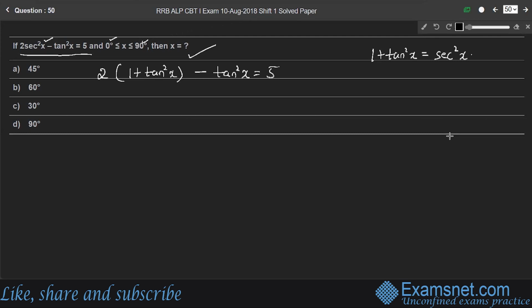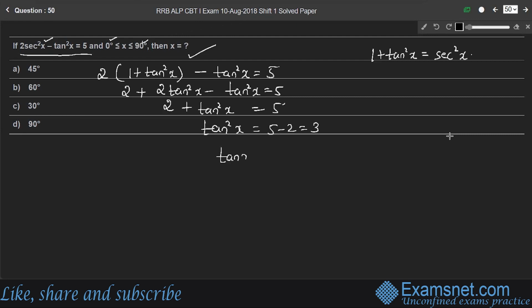Expand this. So 2 into 1 is 2 plus 2 into tan square x is 2 tan square x minus tan square x is equal to 5. Therefore, 2 plus tan square x is equal to 5, right? Therefore, tan square x value is 5 minus 2, which is 3. If tan square x is 3, so what's the value of tan x?